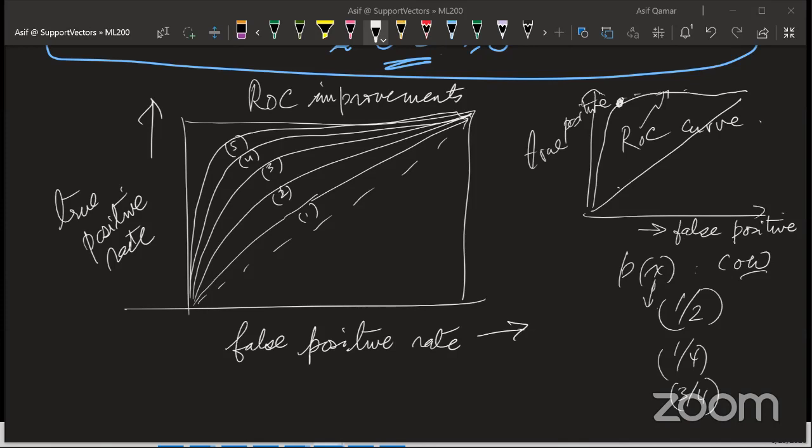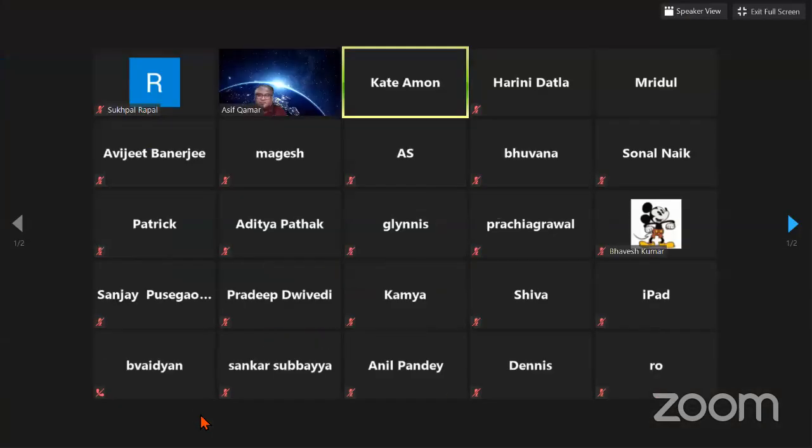Okay. Pradeep, how about you? Have you formed your team? Yes, sir. Prashant is there with me. Okay, so you and Prashant are paired up. Dennis, you have paired up already with Glennis and Prachi. And Kate, are you also part of the same team or a different team? I'm right now on the team of Haripriya and Balaji, and we were going to add a couple other people.